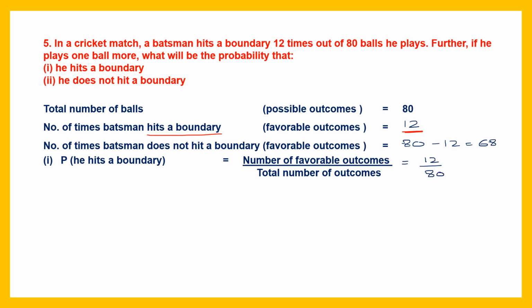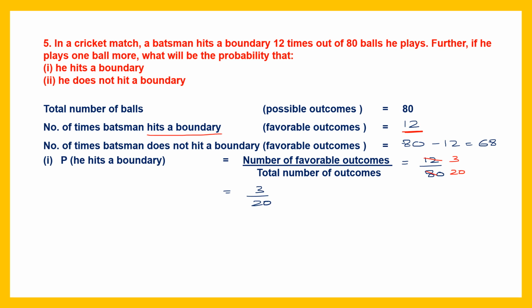So 12 by 80, we can reduce it to the lowest term, dividing it by 4. You can divide it by 2 also. Divided by 4, 4 threes are 12 and 4 twenties are 80. So this is 3 by 20. So the chances are 3 by 20 that he will hit a boundary.